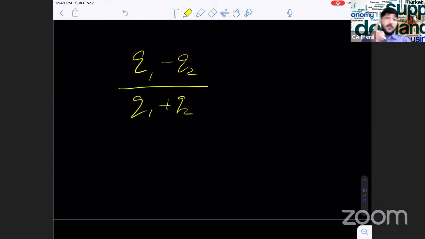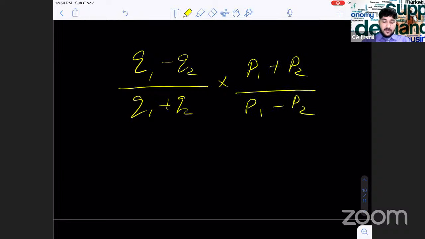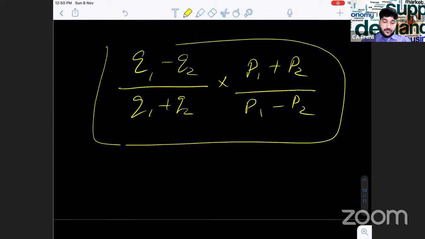If you have attended my class and concentrated, now when I'm saying this, you will 100% get it, because we have gone through this in so much depth, correct? Multiplied by P1 plus P2 divided by P1 minus P2, correct? This is the formula for arc elasticity, and through this we will do the calculations.